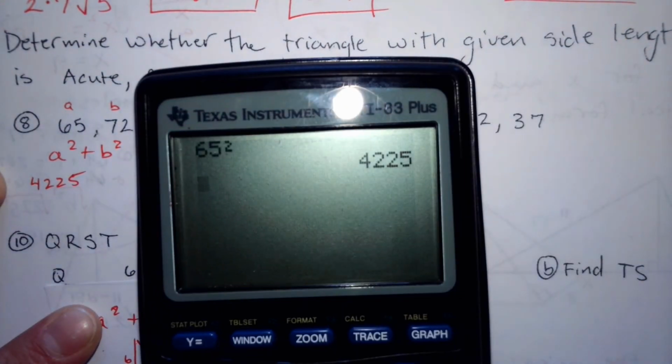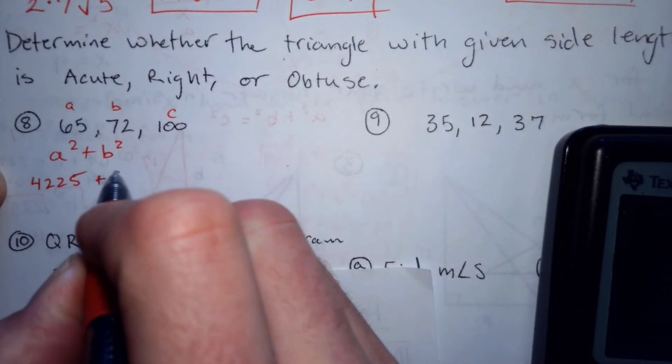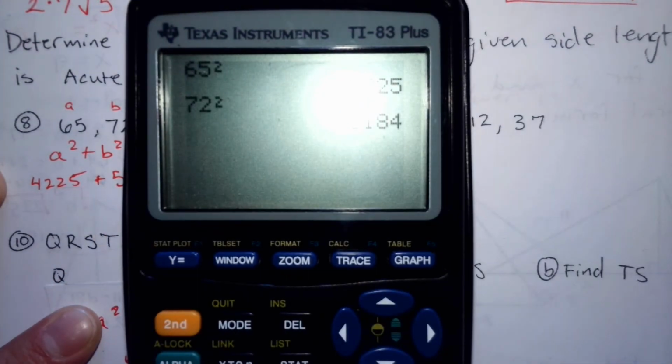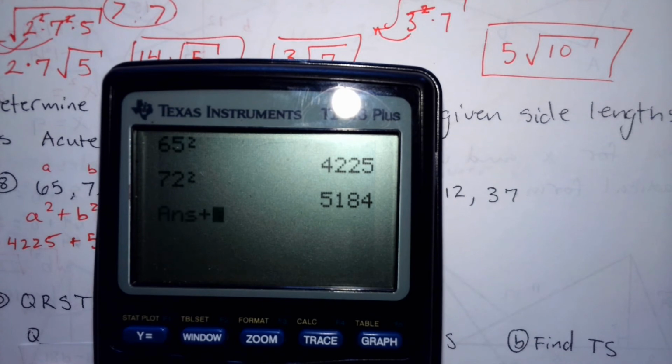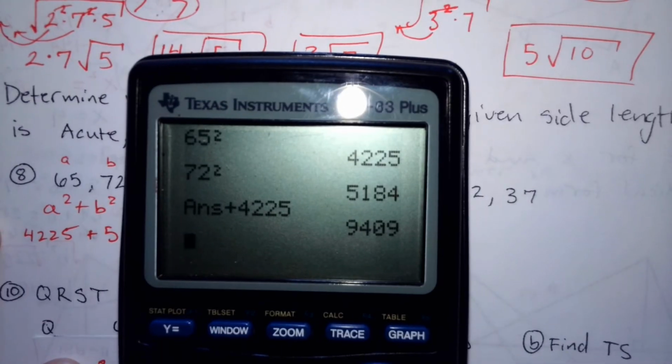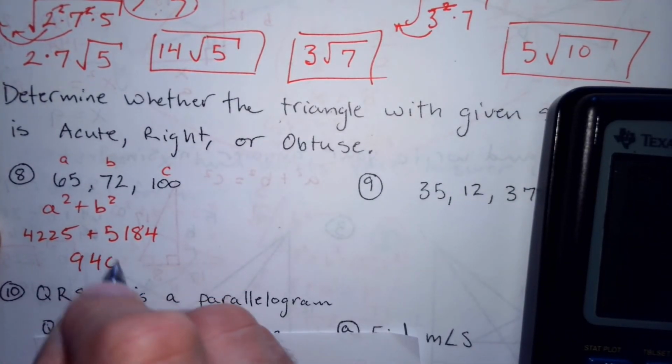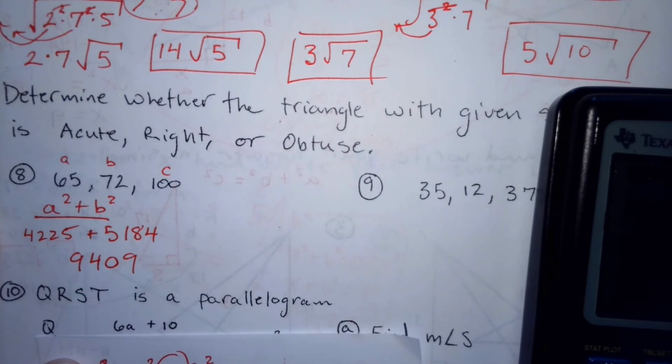B squared was 72 squared, so 72 squared is 5,184. So I'm going to do 5,184 plus 4,225. That's 9,409. That's for A squared plus B squared.